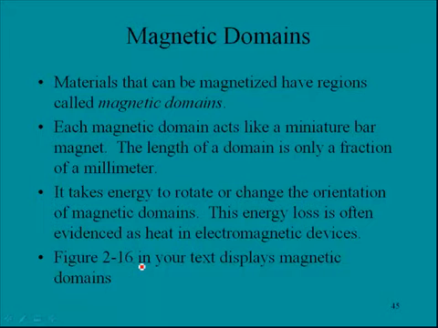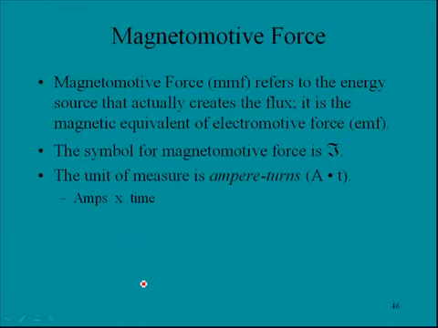Figure 2-16 has a textbook picture of this, and it displays the magnetic domains as they occur randomly, and also when a current is induced through it, and all of the little magnetic domains then line up and orient themselves, be it north or south.